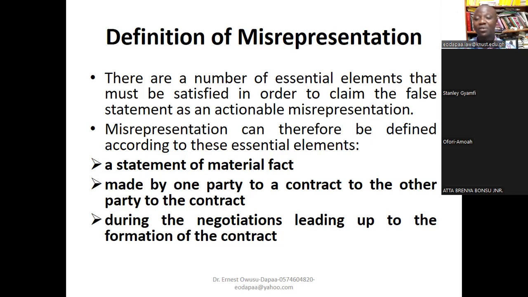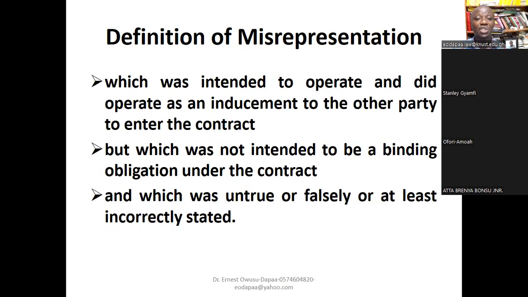And again, we've also said that the statement which will give rise to the misrepresentation should be a statement which was made during the negotiation leading up to the formation of the contract. And that alone is not enough. The statement should have been made with the intention to induce the misrepresentee, that is the other party.